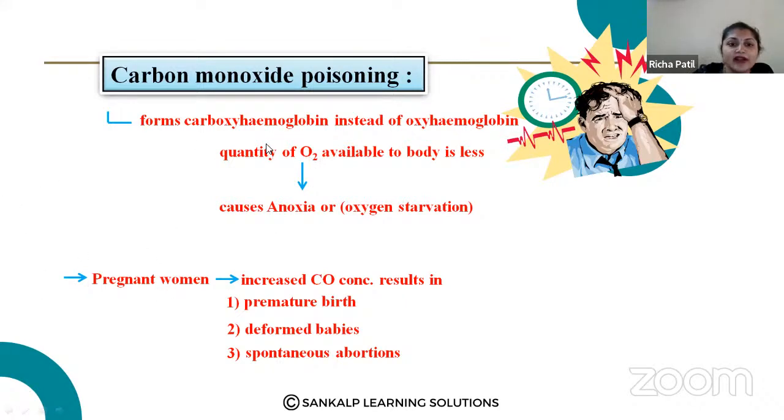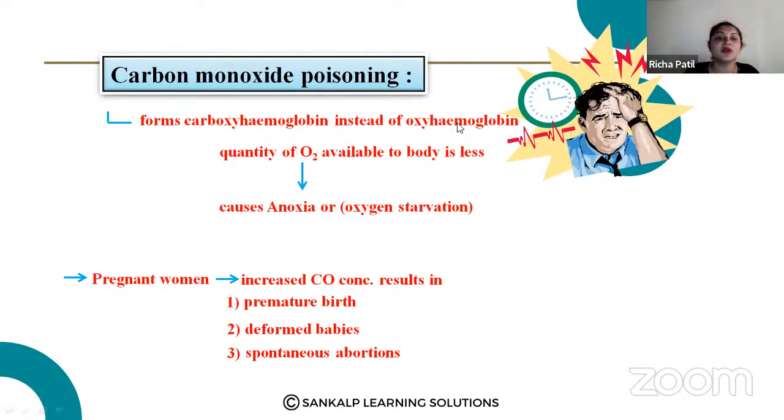Oxygen will bind with hemoglobin and forms oxyhemoglobin. But in the environment, if instead of oxygen, carbon monoxide is present and you're inhaling it, it will bind with hemoglobin and form carboxyhemoglobin instead of oxyhemoglobin. And this formation of carboxyhemoglobin is 300 times more stable than formation of oxyhemoglobin.